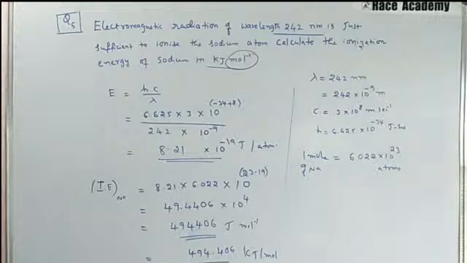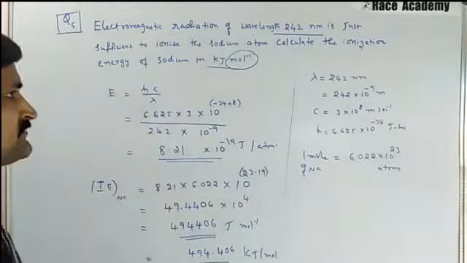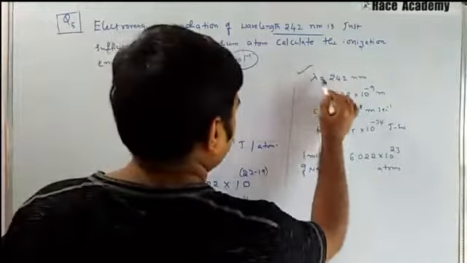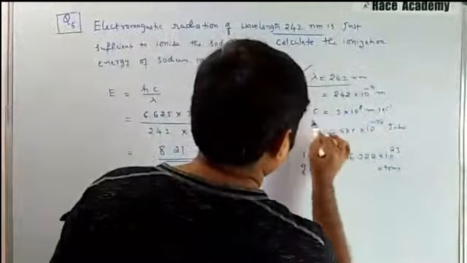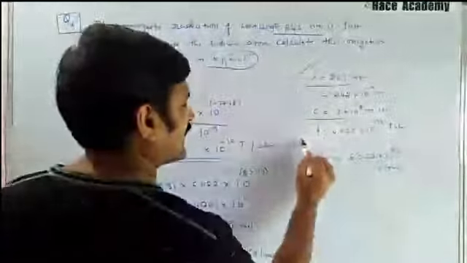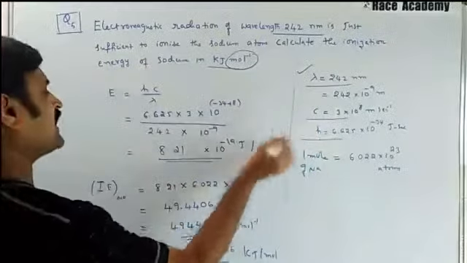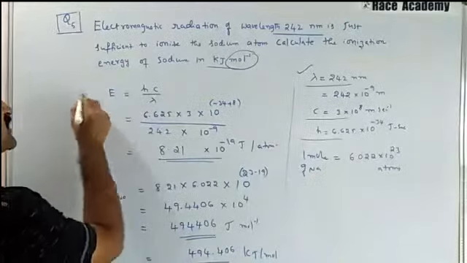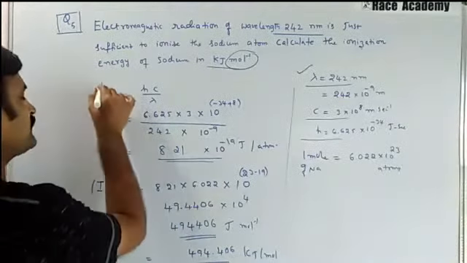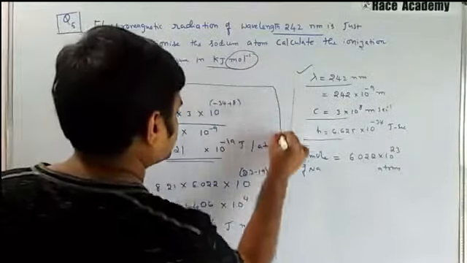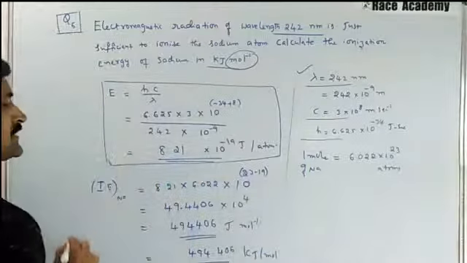Hope you understand. In this question, first we noticed what lambda is given. The remaining things we have taken, that is velocity and the h value, and using hc by lambda, we calculated the energy, which is the energy per atom.